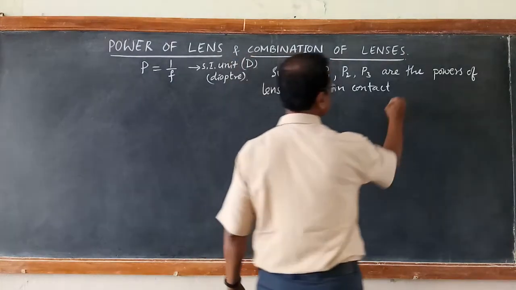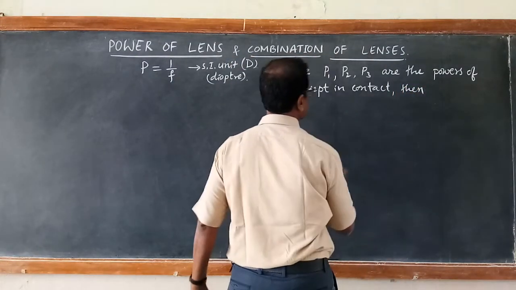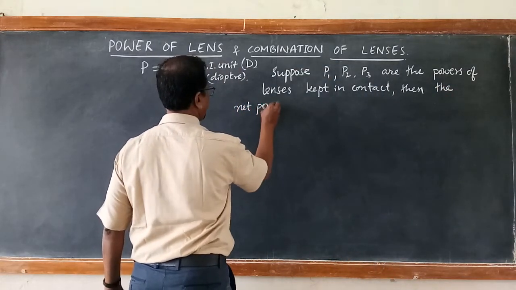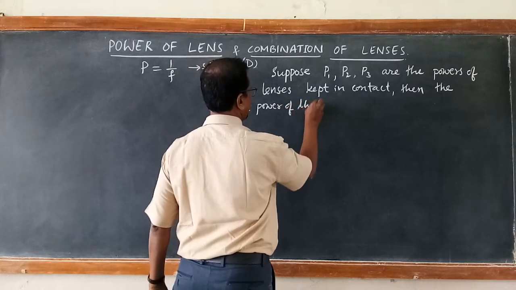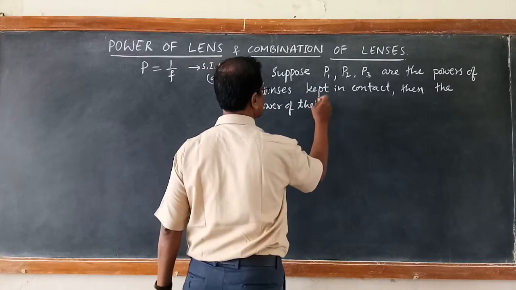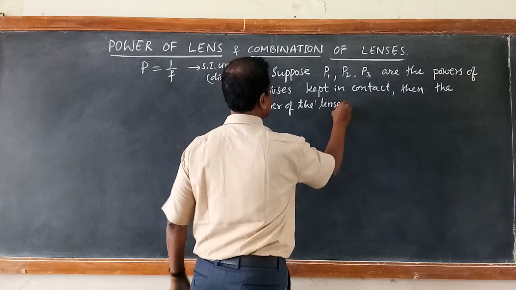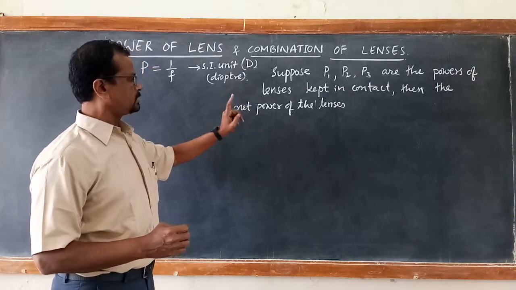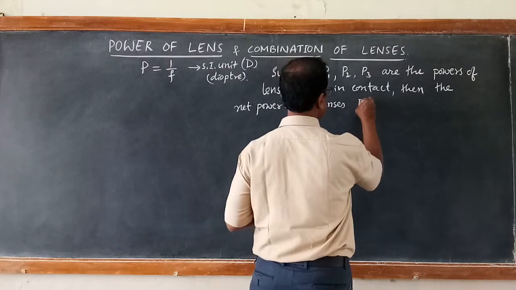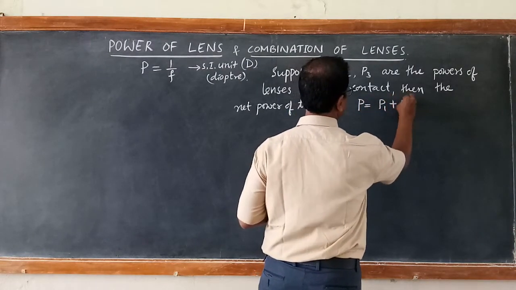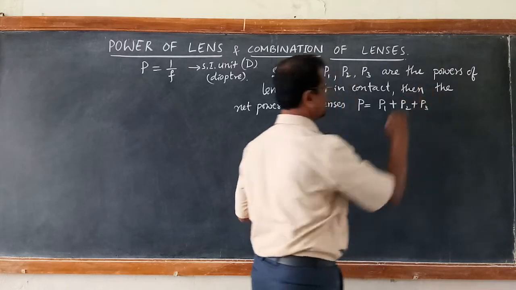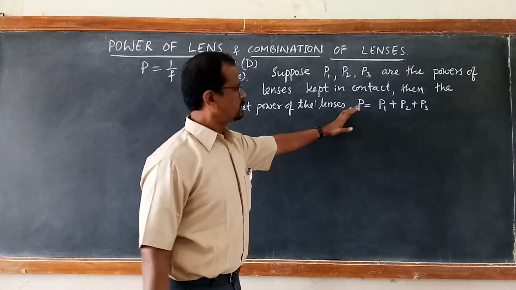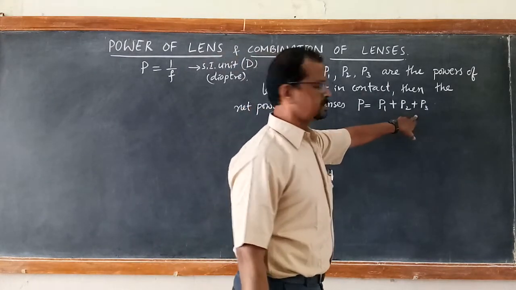Then the net power of the lenses. Net means total or resultant power of the lenses. If it is taken as P, it becomes equal to P1 plus P2 plus P3 and so on. Here we have used only three lenses kept in contact. So total power of the three lenses in such case becomes P1 plus P2 plus P3.